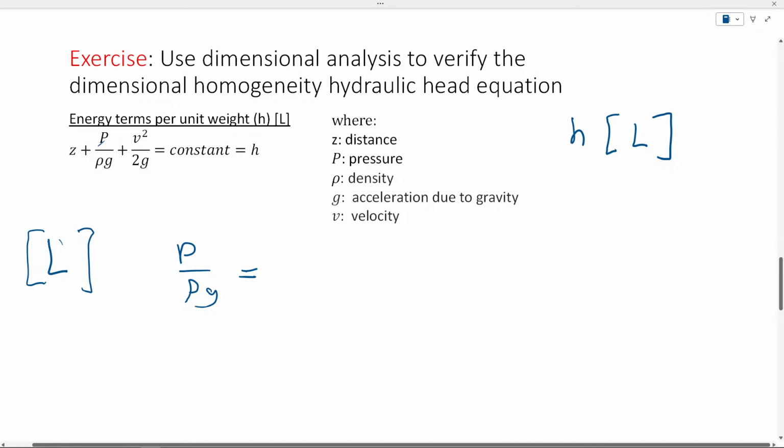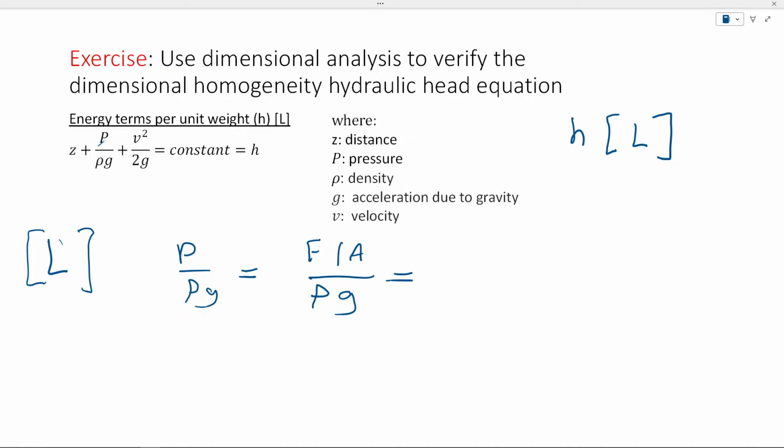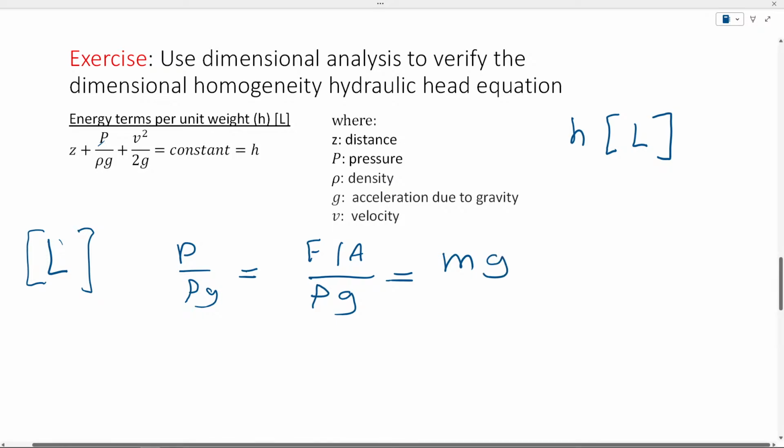Can we do this? Yes. We know the pressure is force over area, over rho g. The force is mass times acceleration, mg, over area, over rho g. So the g will go with the g.